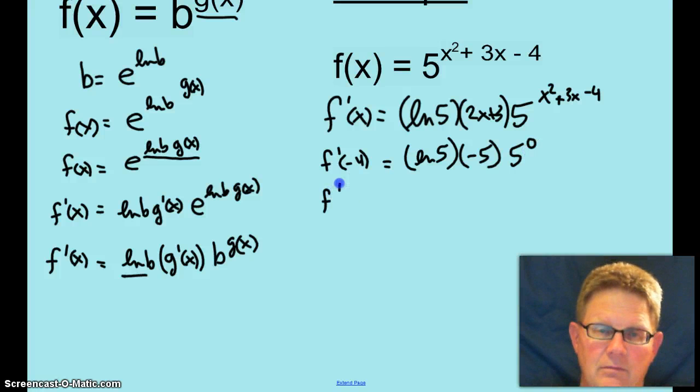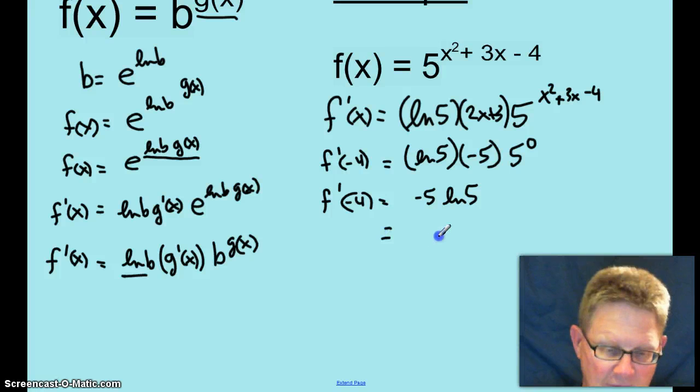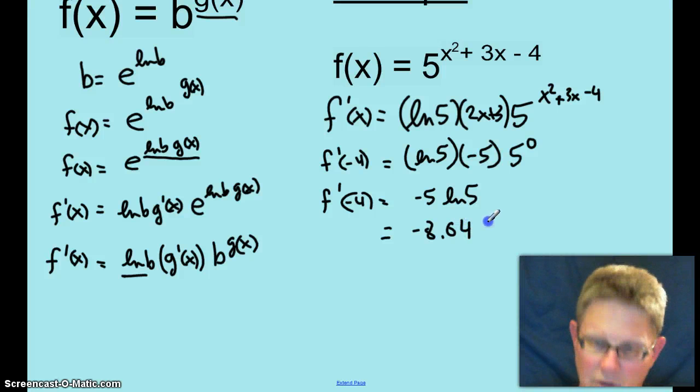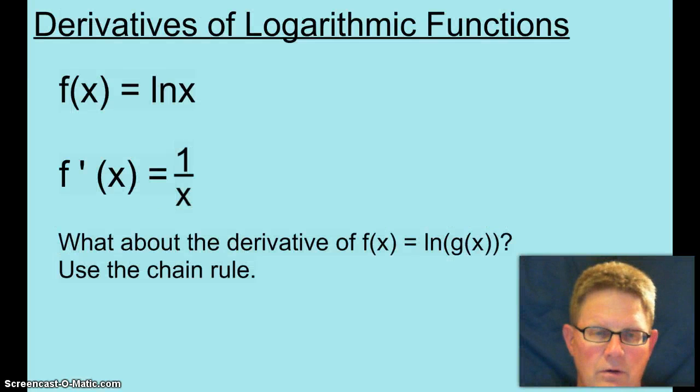So f prime of negative 4 equals negative 5 ln of 5, which written decimally, I do believe, is negative 8.04719. What a mess. Let's keep on going.